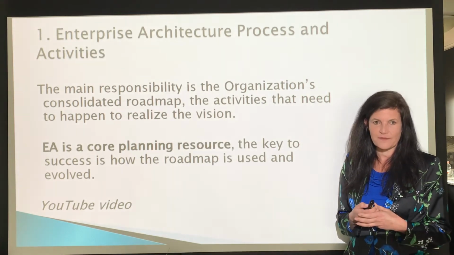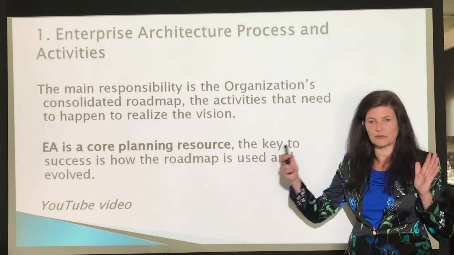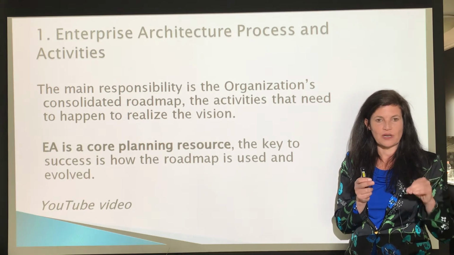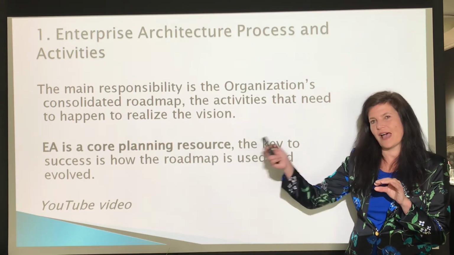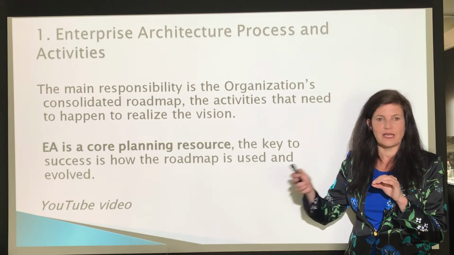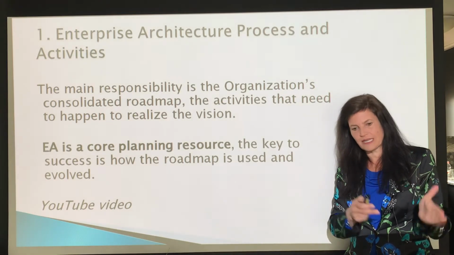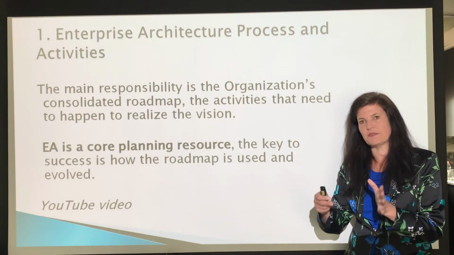You can use the roadmap for yearly business planning sessions. So you could have a 10-year roadmap, but the first year is always a lot more detailed, and each year you move out, it gets more of a conceptual flavor to it. Because this is continually evolving as you move forward, you build out the more detail as you go forward. And again, it's really important to keep this roadmap current.